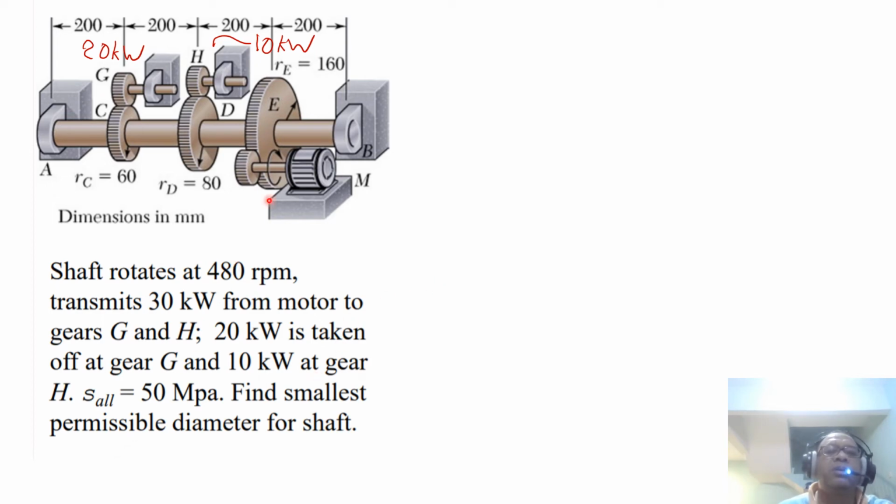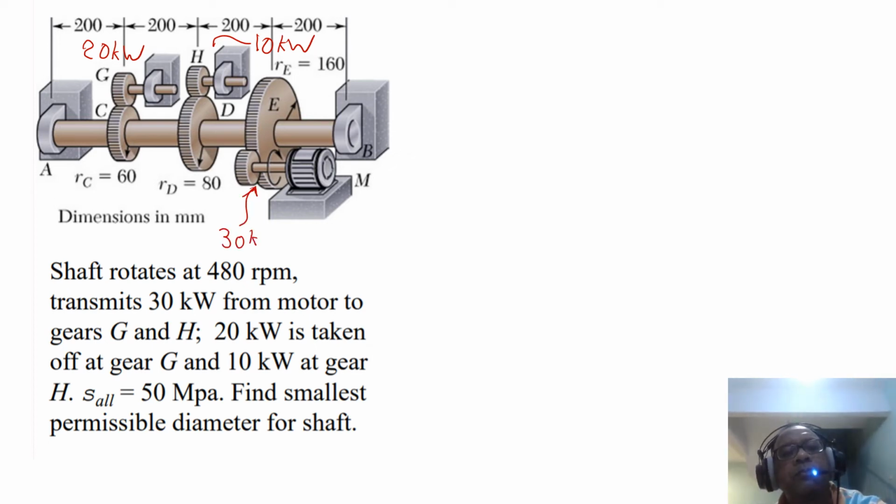So we are assuming that we pump in 30 kilowatts here. So here we put 30 kilowatts, and that power goes from this to this gear shaft, and 10 kilowatts goes to this device, and 20 kilowatts goes to that device, and nothing else.